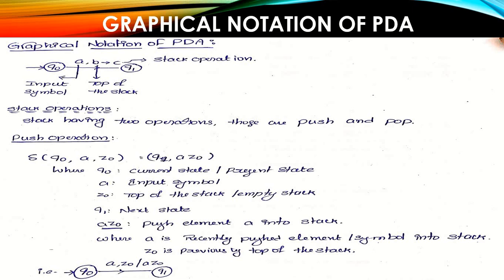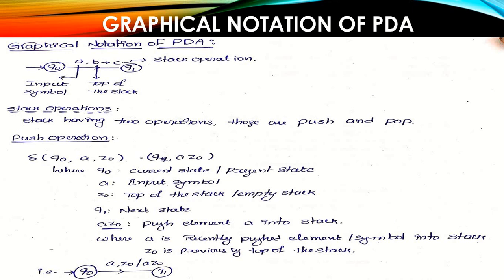Each state is represented with a circle, the final state with a double circle, and the initial state with an arrow mark indicating the start.